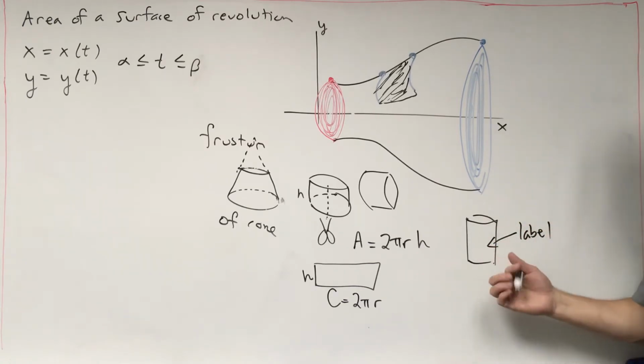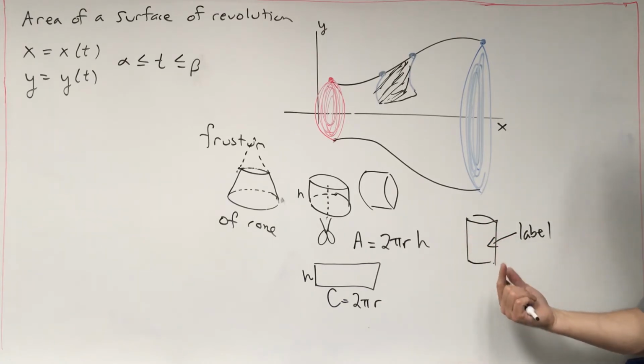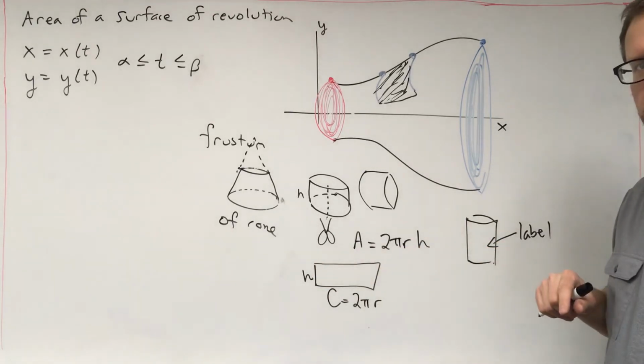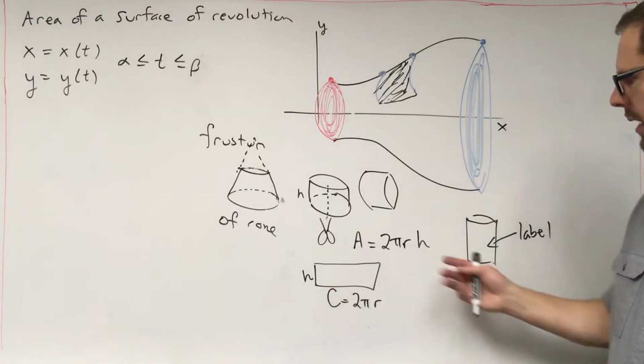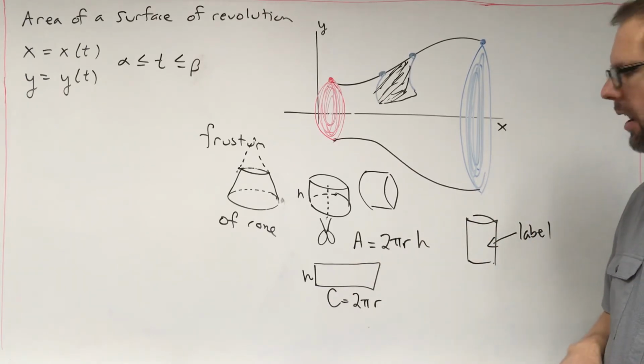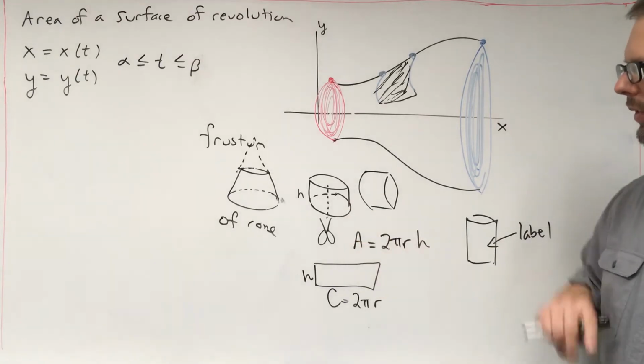Okay, so if you have some brand name soup or a generic soup and it's got a paper label wrapped around the can, you could unfold that label and that would be a rectangle, and that would give you the same area as the surface area of the can, or the area that it covers. Okay, but that's just for a cylinder.